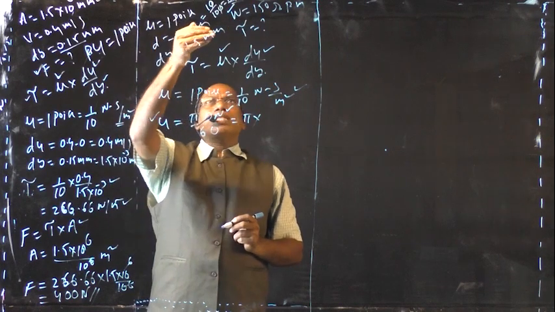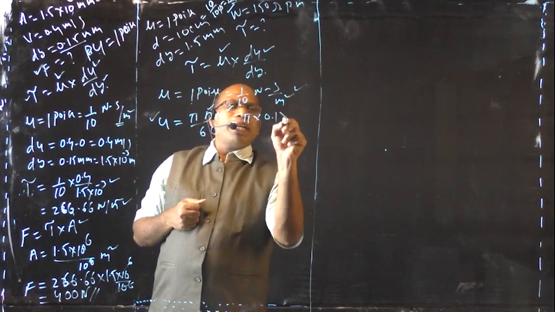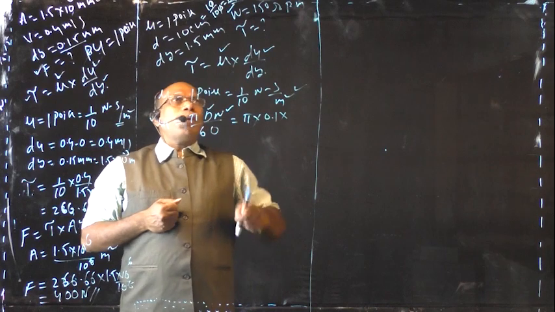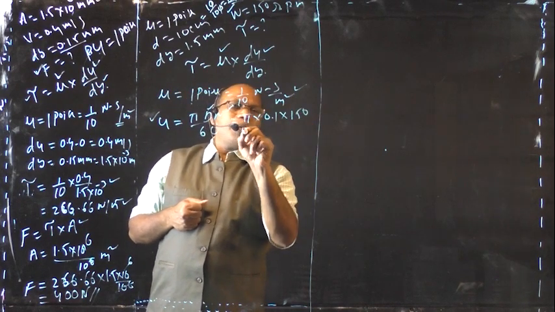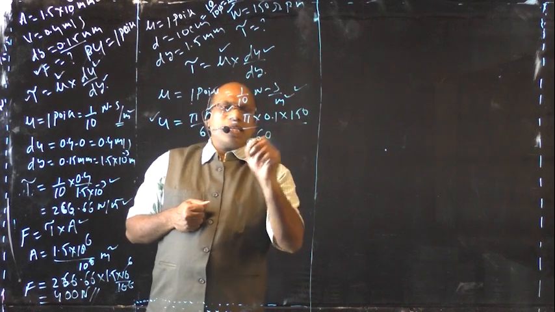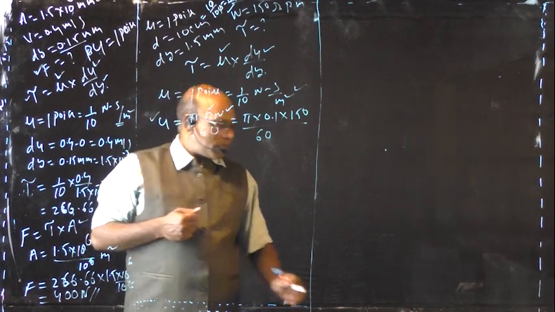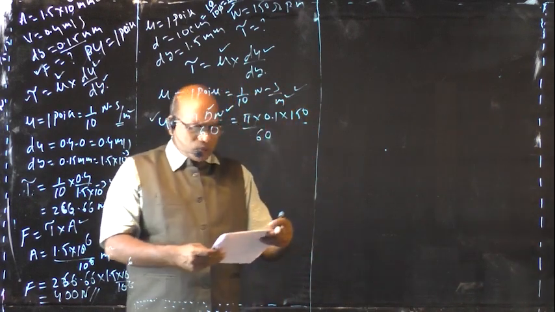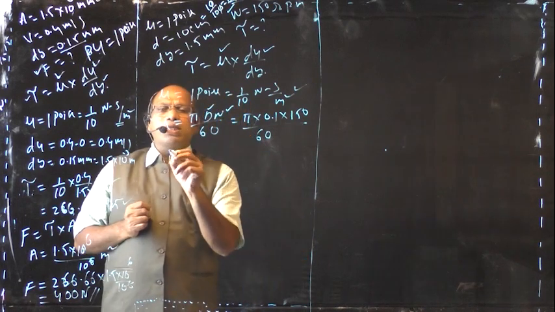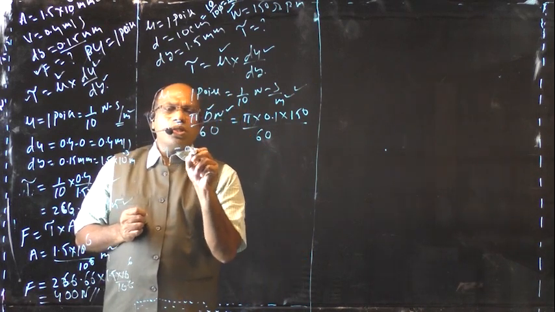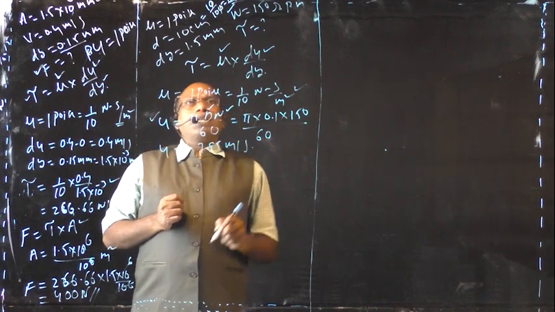Diameter of the shaft D is equal to 0.1 meter, into N given in the problem, 150 revolutions per minute, divided by 60. Therefore tangential velocity u is equal to 0.785 meter per second.